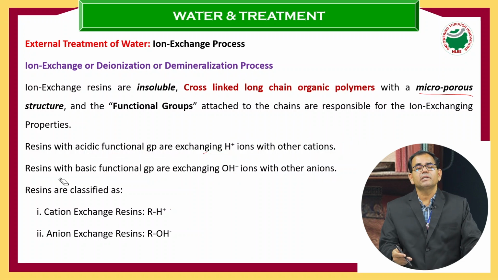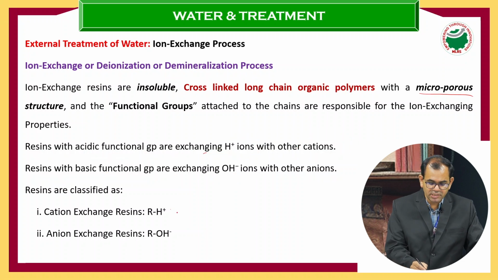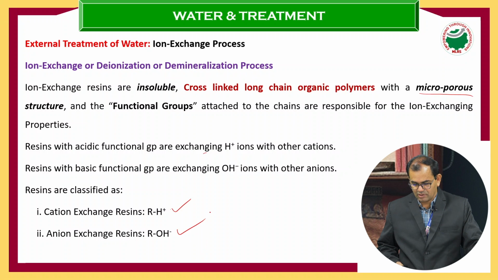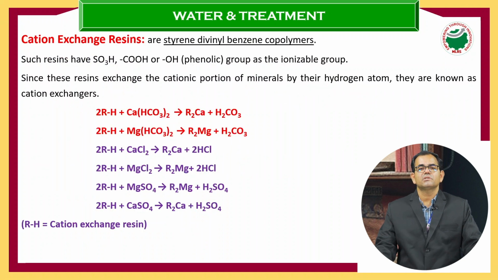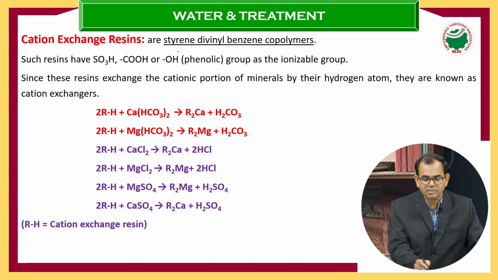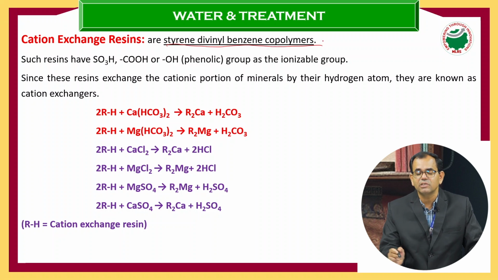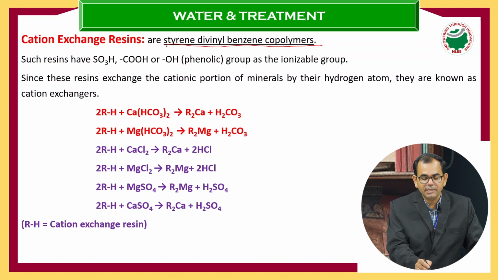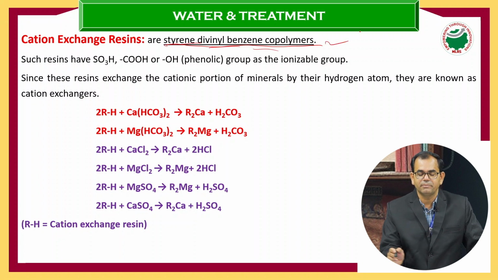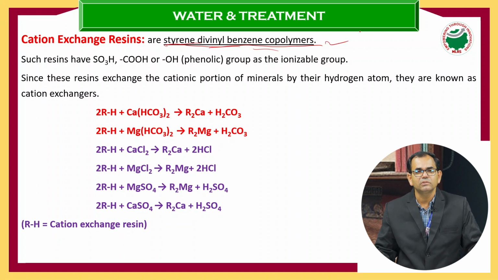So basically resins are of two types: cation exchange resin and anion exchange resin. Now let us have some brief details about cation exchange resin. Cation exchange resins are styrene divinyl benzene copolymers. It's a chemical compound which helps in cation exchange resin preparation.